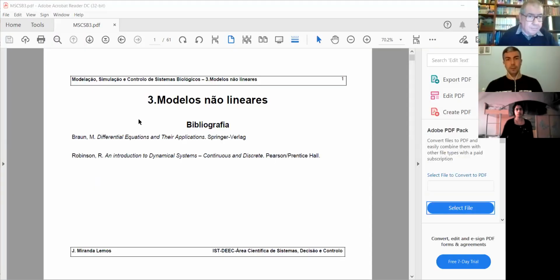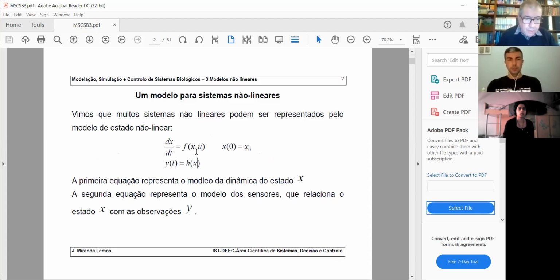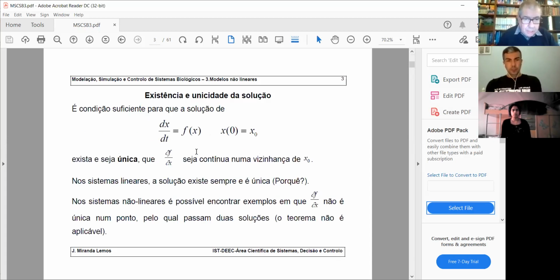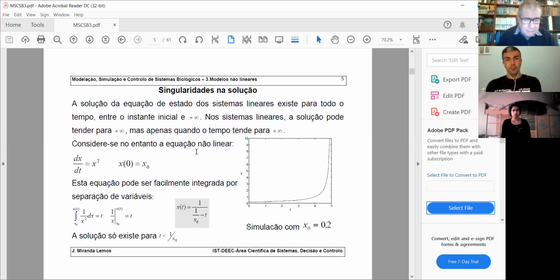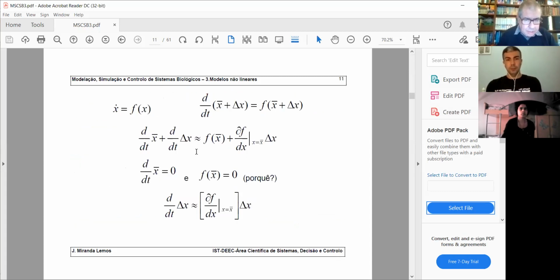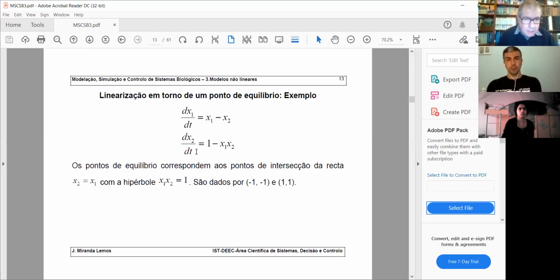This is file number 3, and if you look at it, you find exactly what I was mentioning. Some remarks, let's jump all these remarks and go to an example. And the example is this one.